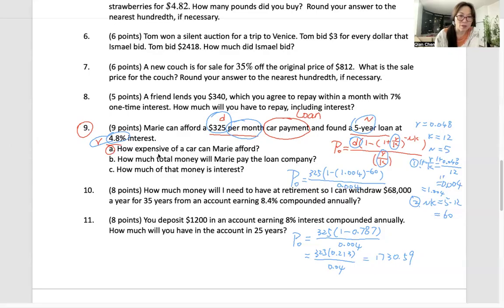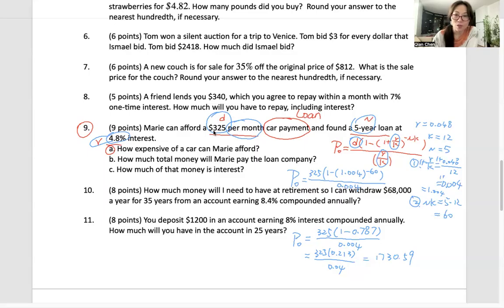So A, how expensive a car can I afford? That doesn't look right. Maybe I made a mistake, or the calculator doesn't do well. This doesn't make sense. Look, each month I pay $325 for 5 years, and each year has 12 months.